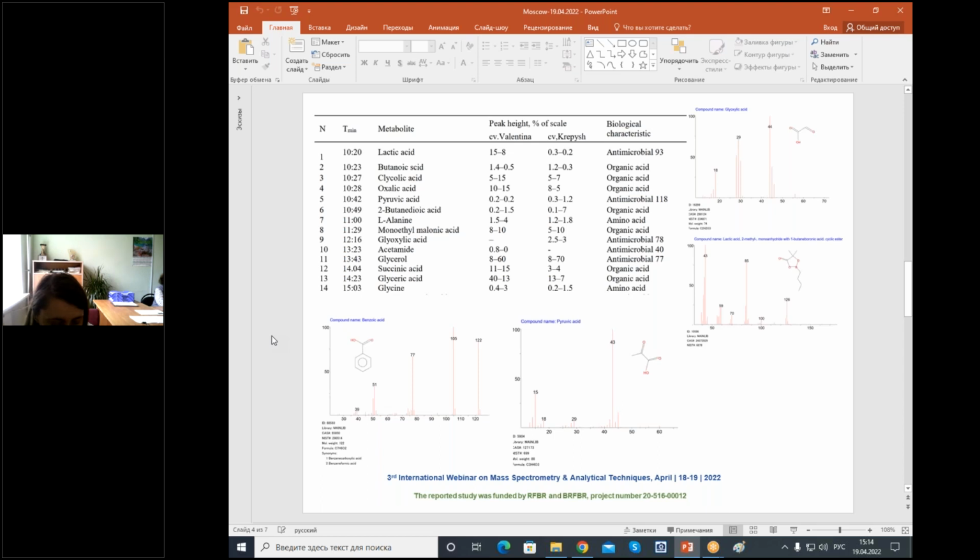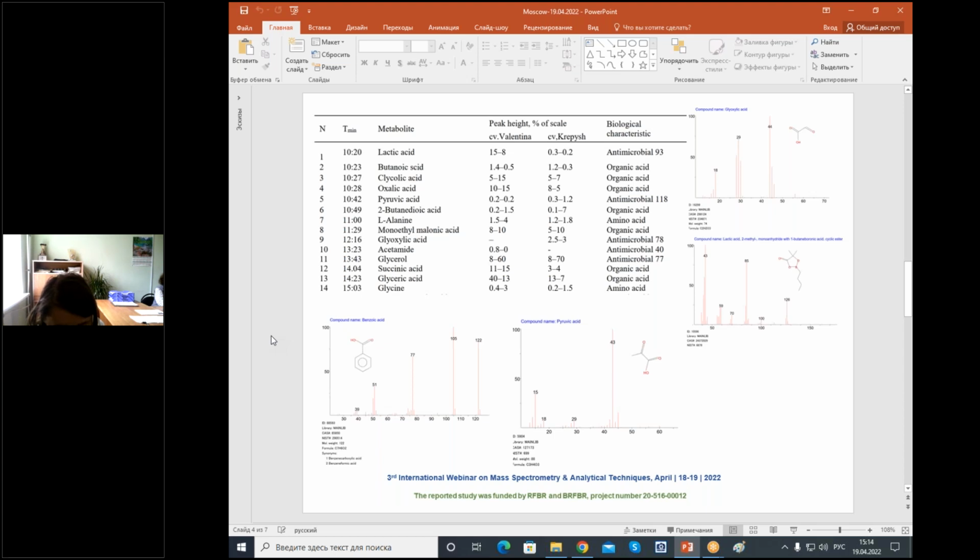One is sugar alcohol, glycerol, one is amide, acetamide, and one is a phenolic compound. It is benzoic acid.